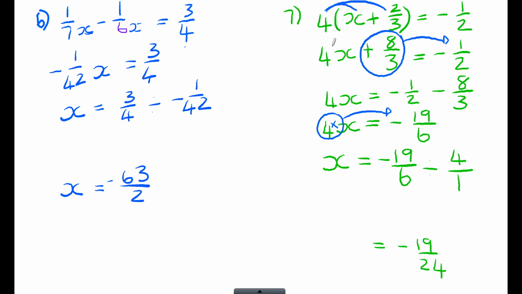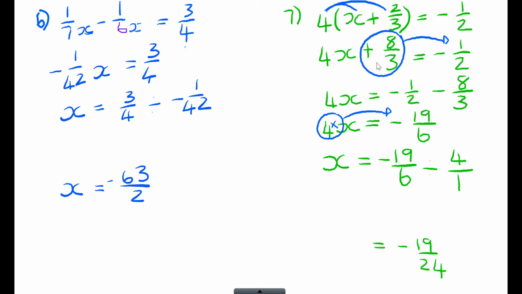Okay, at number 7, we first had to get rid of the brackets, so we multiply in that 4. So 4 times x gives me 4x. 4 times 2 over 3 gives me 8 over 3. Okay, still equal to minus a half. Now I want unknowns on the left. This unknown is already on the left.